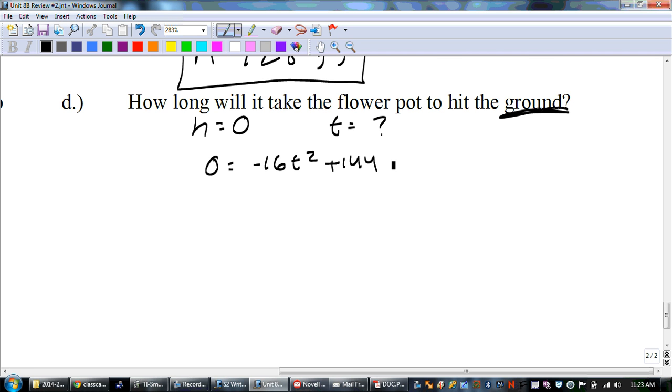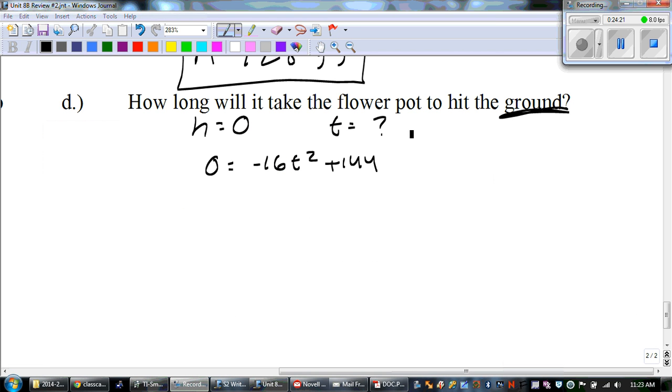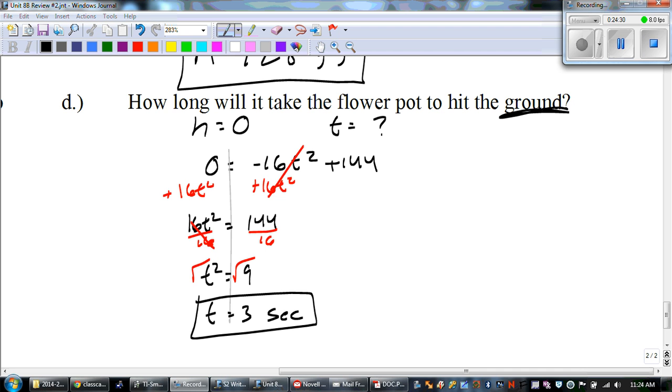And now you guys are all on your own. How are you going to solve this? Inverses. Okay, pause the video and good luck. Okay, and when it's all said and done, you should be getting that the t equals 3 seconds.